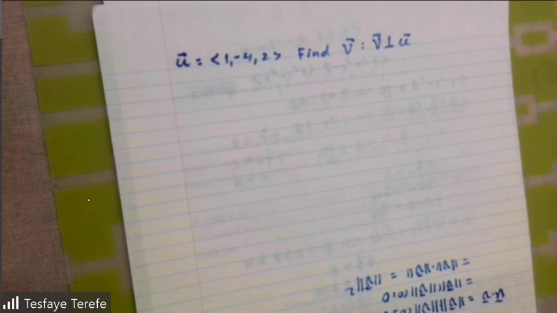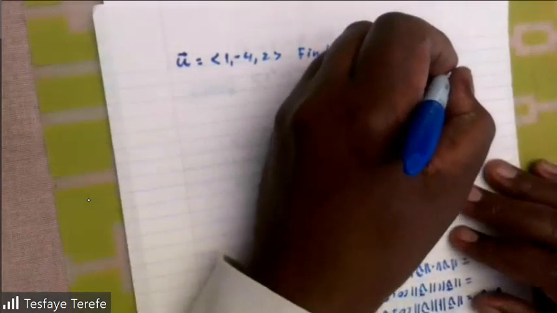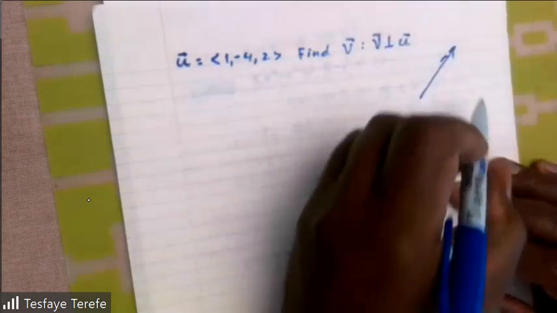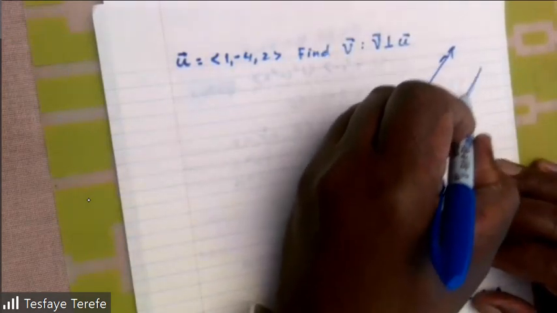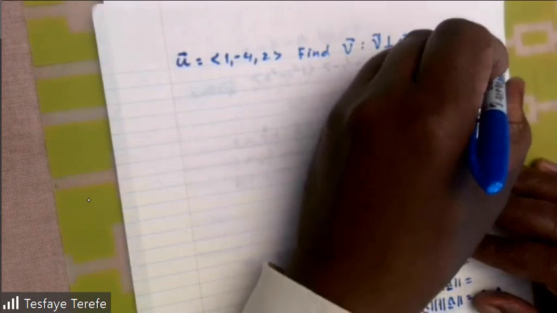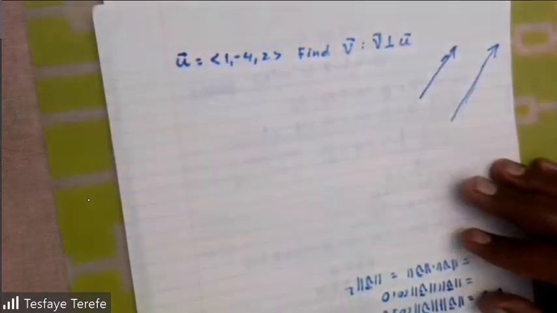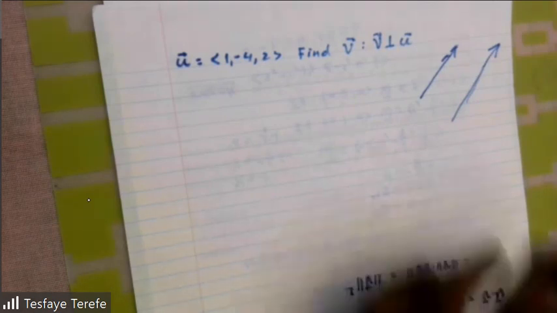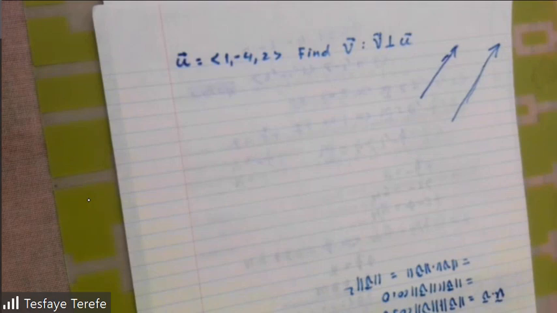If you take another vector, for example, you have this vector. Let me draw it. And the parallel vector is this one. And the parallel vector is a scalar multiple of the other one, yes? Now, if you take the dot product of these two parallel vectors, what do you get?